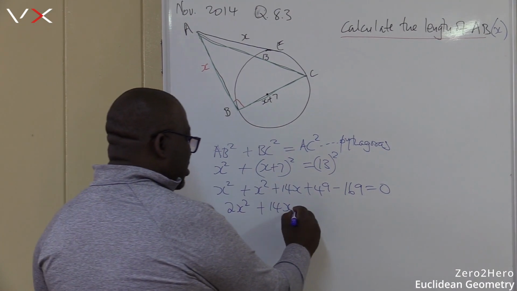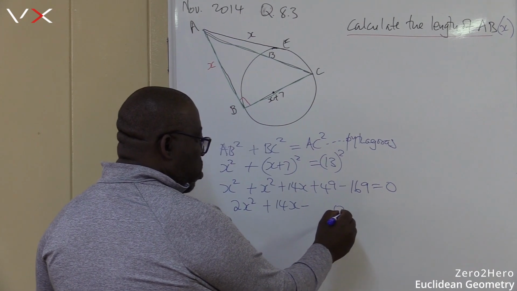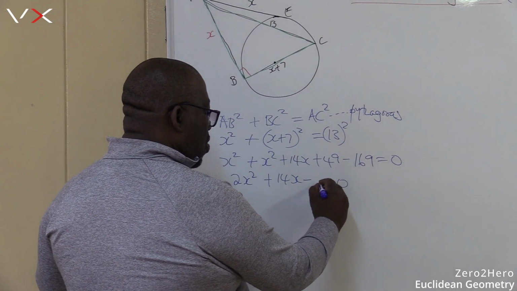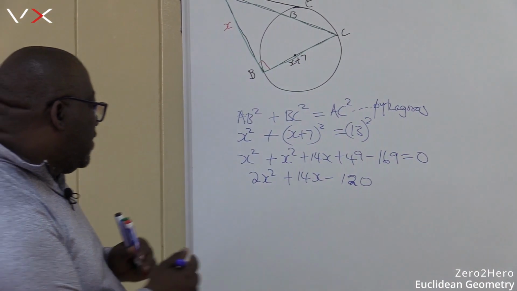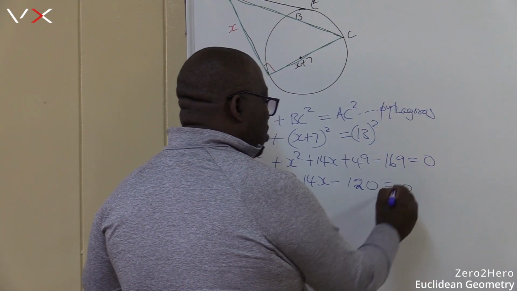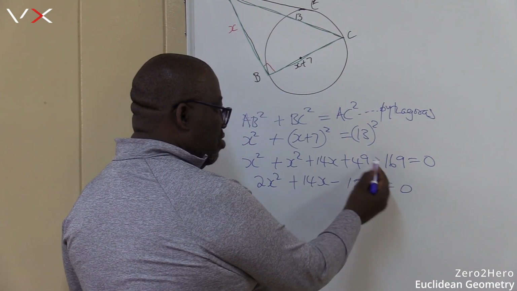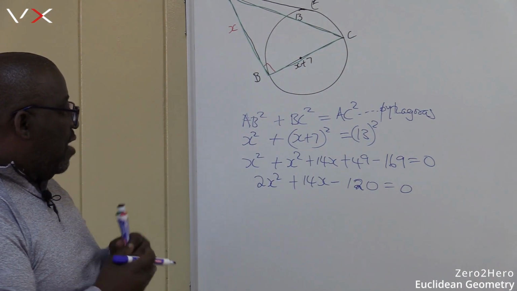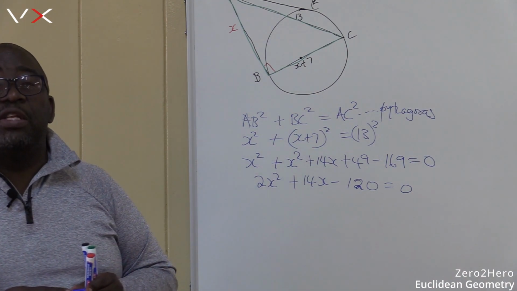It's going to be minus 120. How did you find it? 9 minus 9 is 0, 6 minus 4 is 2, then we're left with that 1. So it's minus 120. This is equal to 0. We've got 2x squared plus 14x minus 120.